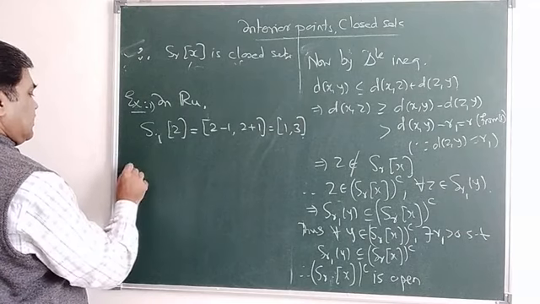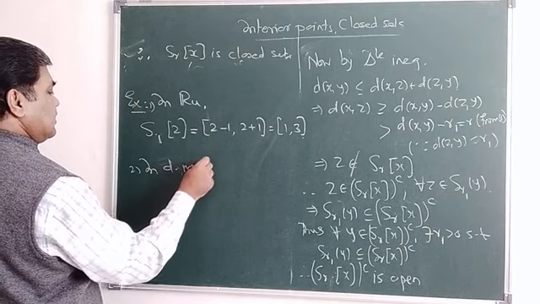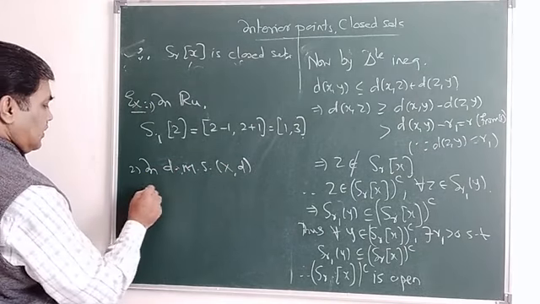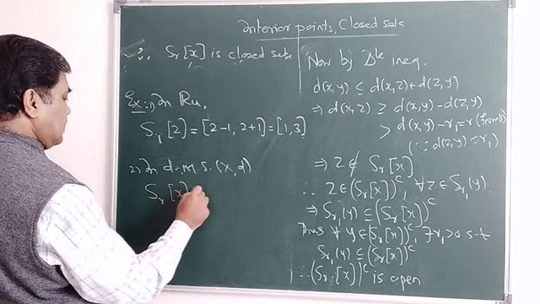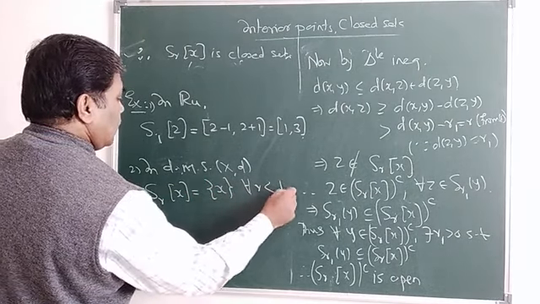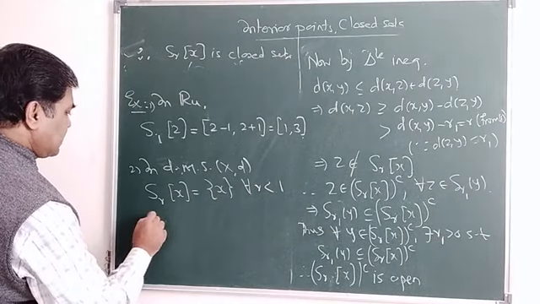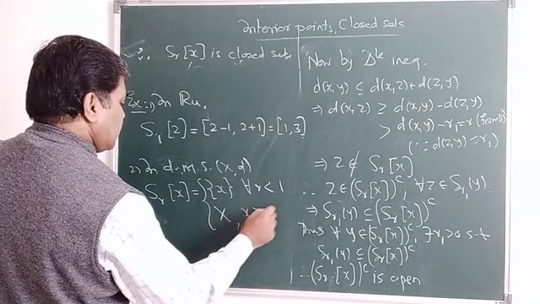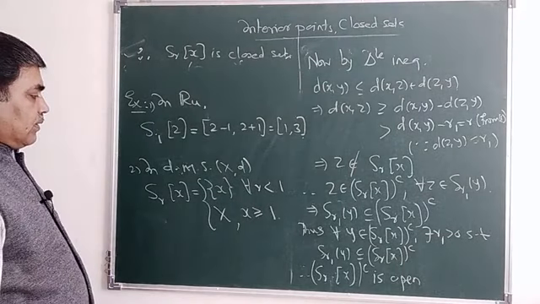Second, in a discrete metric space (X, d), S_r[x] is the singleton {x} for every r less than 1, and S_r[x] is the whole set X if r is greater than or equal to 1.